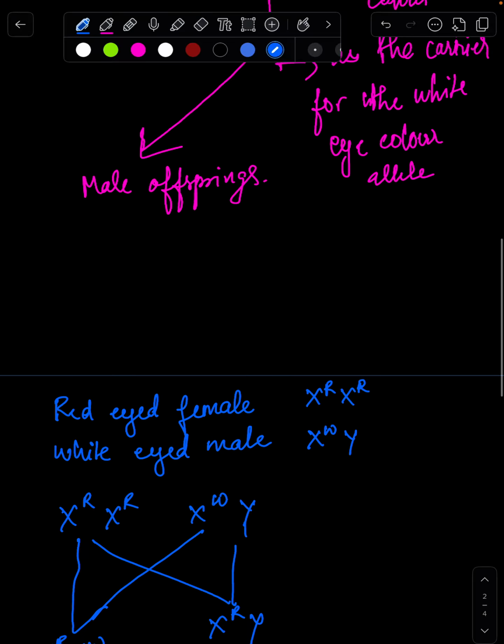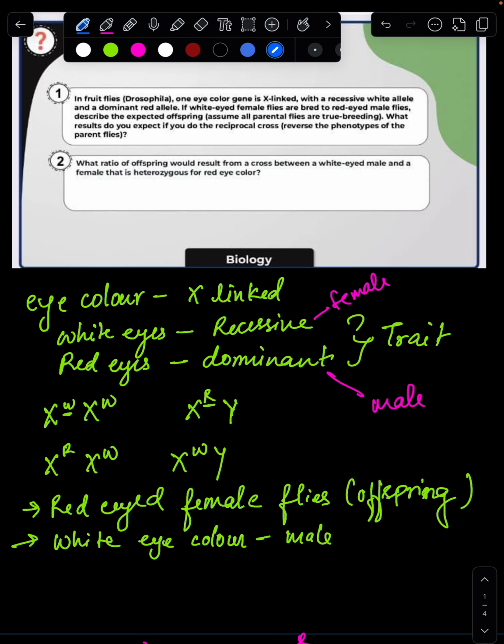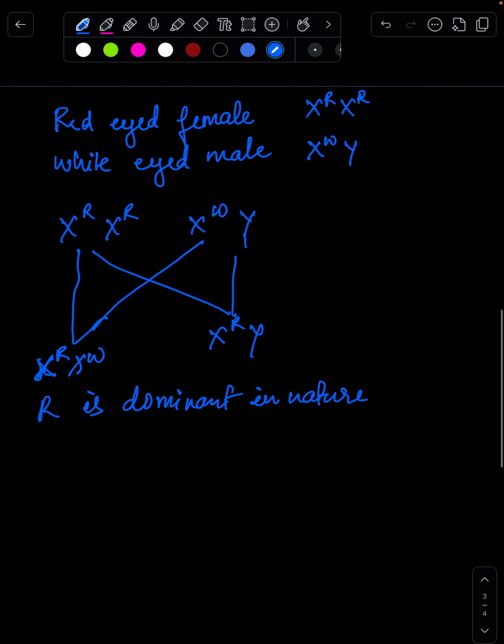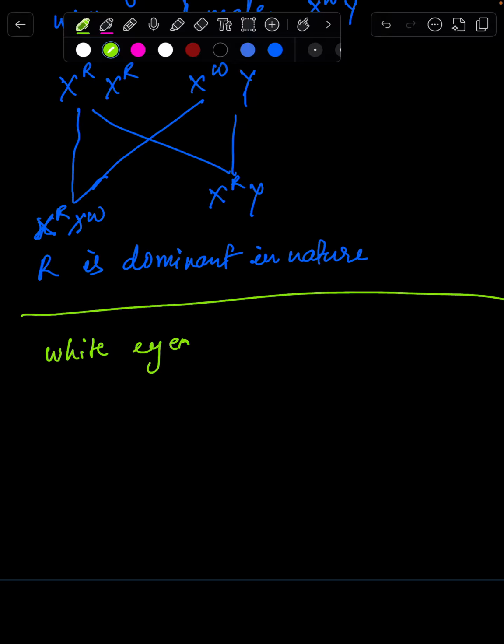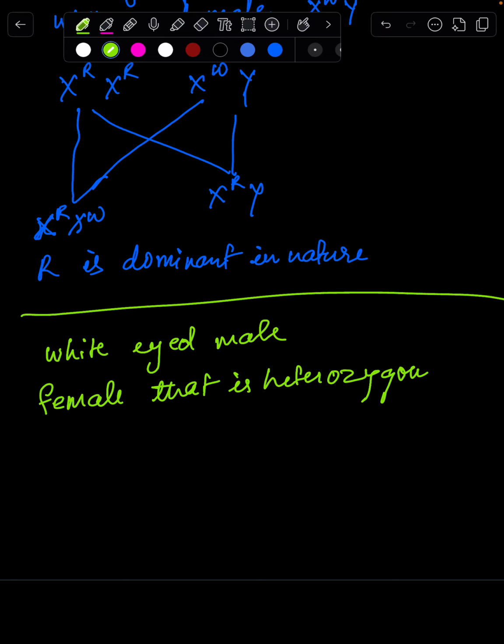Okay, now going to the second question, we have what ratio of offspring will come from a cross between a white-eyed male and a female that is heterozygous for red color. Okay, now we are going to see this. So we are told there is a white-eyed male and a female that is heterozygous and has red eyes.